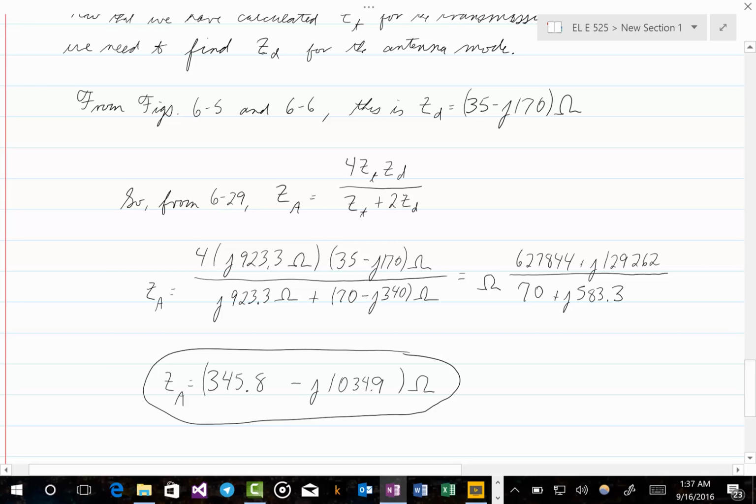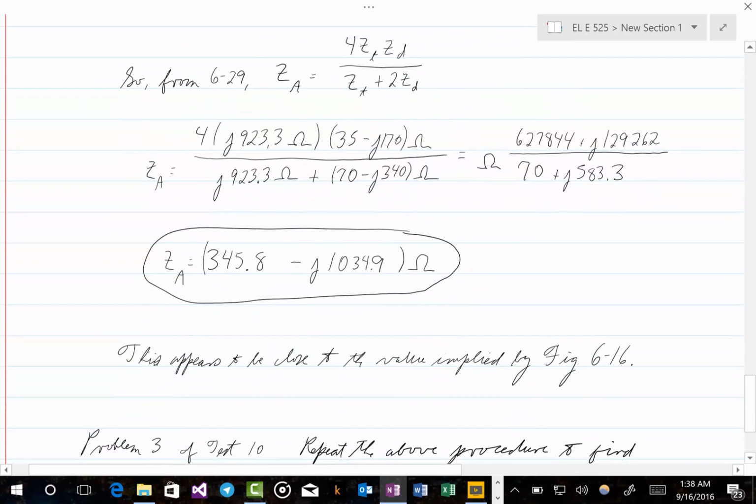And notice that the units are ohms, because in the top we have ohms times ohms, so ohms squared, and in the bottom we have ohms plus ohms, so that's just ohms. So ohms squared over ohms gives us overall units of ohms, which is, of course, what we expect for the input impedance. So here is the value that we get for the input impedance in this problem.